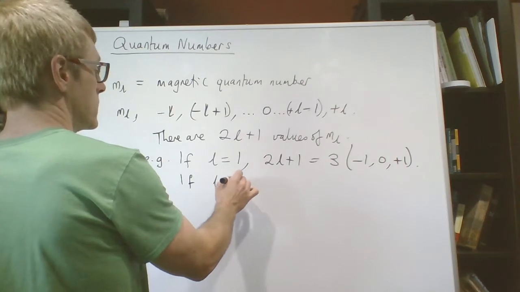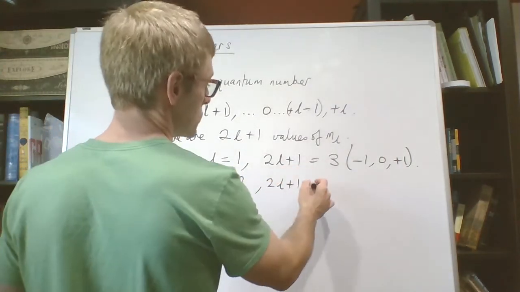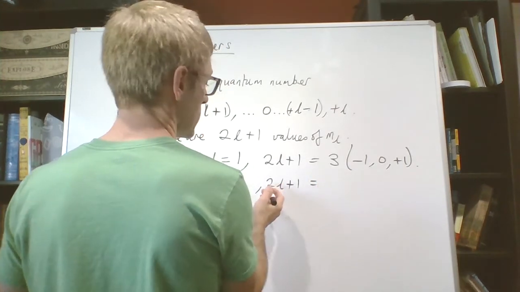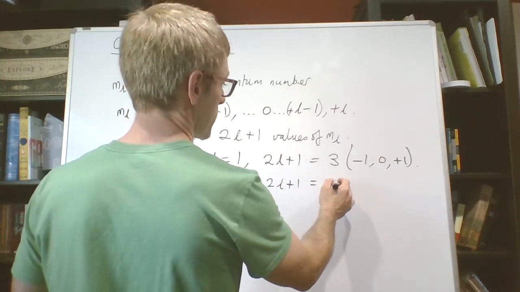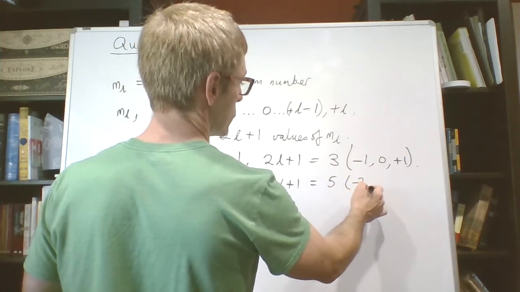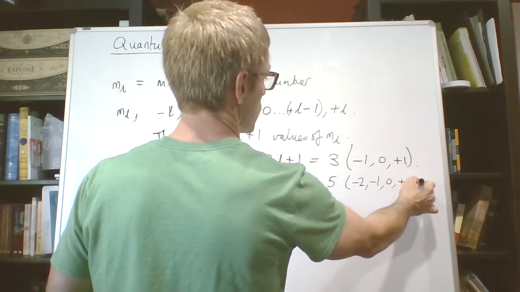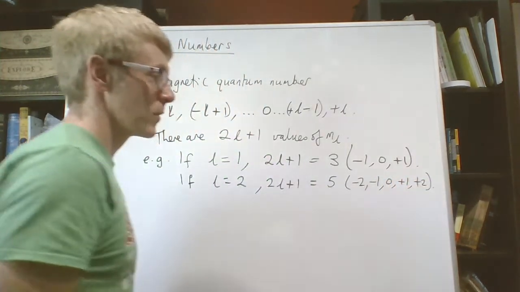If L equals 2, then 2L plus 1 values are 5. So 5, and they would be negative 2, negative 1, 0, plus 1, plus 2.